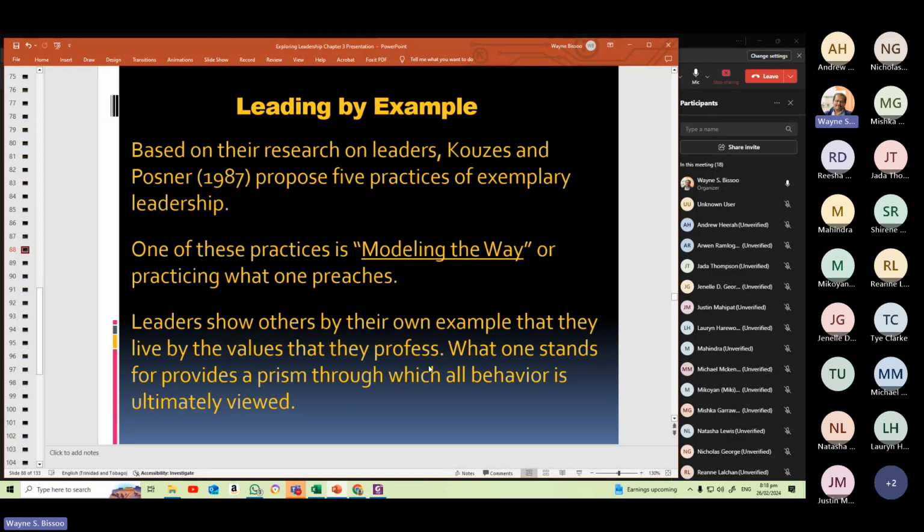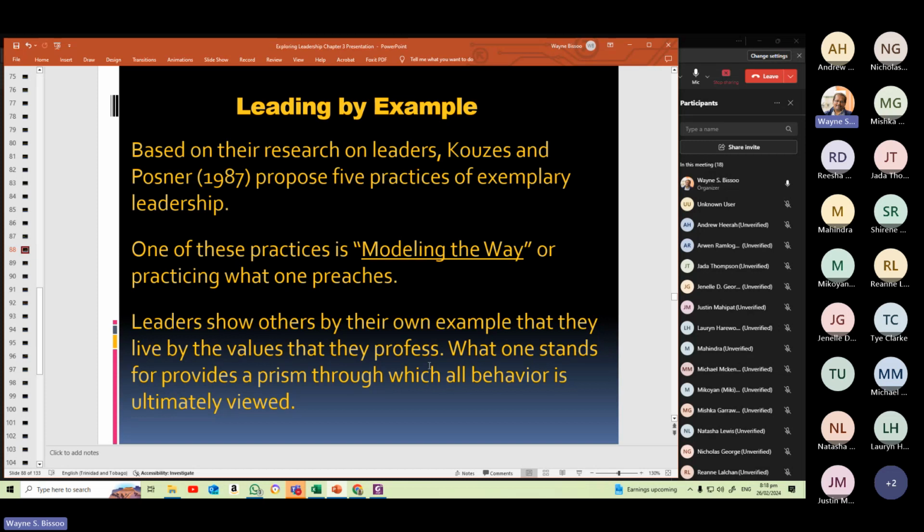Of course, leading by example or modeling the way is probably the best way to teach leadership and empower others to do it, because you can't be a good leader without being an example to other people. Once you behave in a particular manner, you're going to encourage and influence people around you.